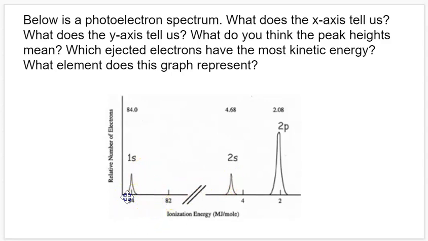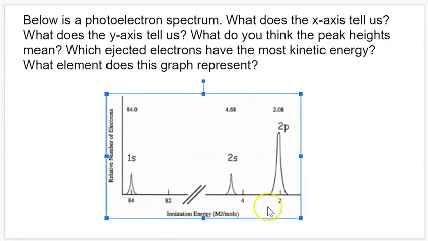This one corresponds to an ionization energy of 84, and this one to an ionization energy of 4.5. And if we look at this last peak here, which is at an even lower energy, probably around 2.2, we see that this peak is a lot taller. If we compare the relative sizes of these two peaks, we could say that this peak is about 3 times bigger than this peak.